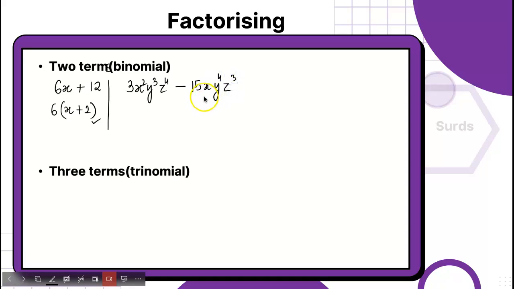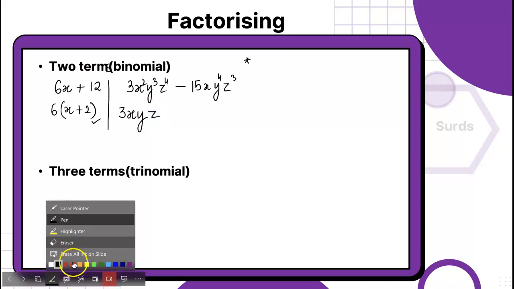Taking the number out makes sense, right? Out of 3 and 15, we're going to take 3 out. Now what about variables? The first step is to start writing the common variables. X is common, so we write x. Y is common in both terms, so we write y. Z is also common, so we write z.